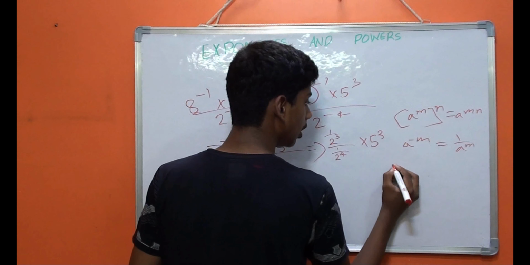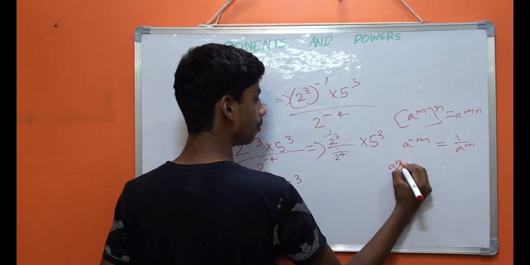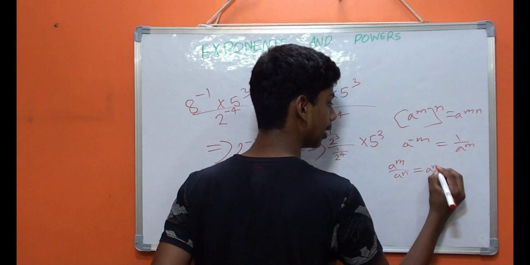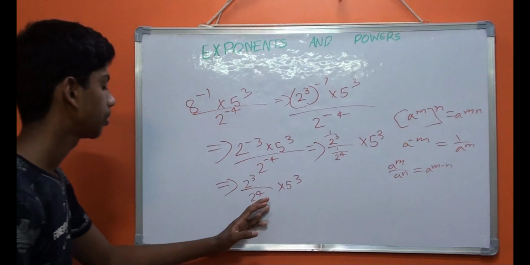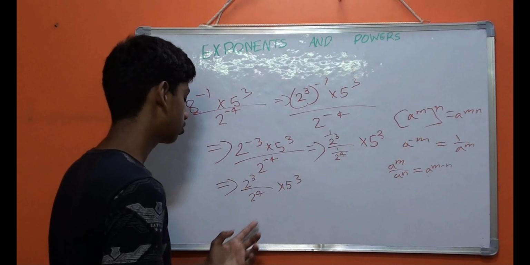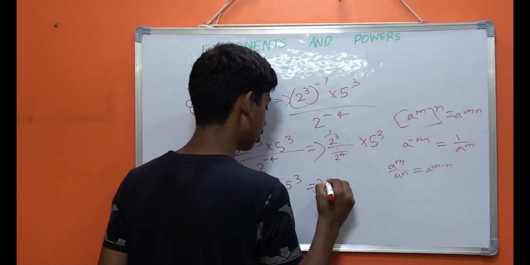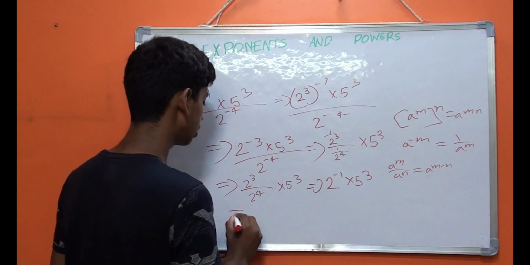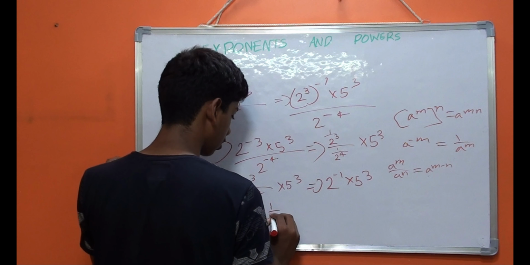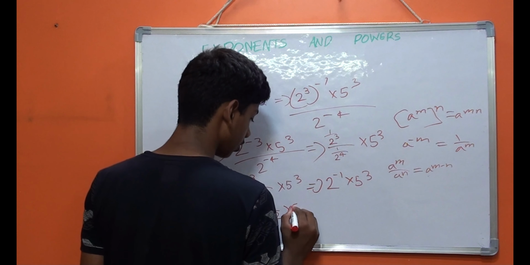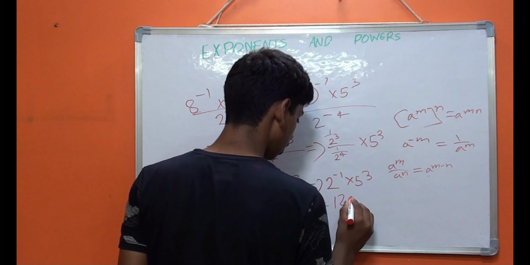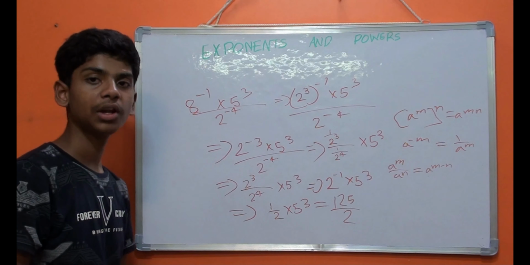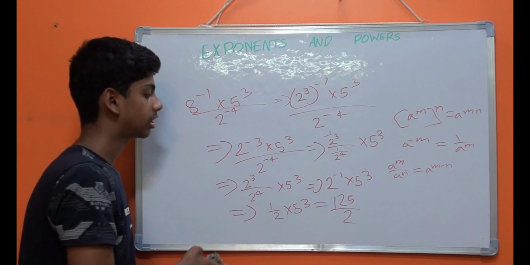Here a power m by a power n equals a power m minus n. Now we will subtract these two exponents, then we would get 2 power minus 1 into 5 cube. Now this equals 1 by 2 into 5 cube, which equals 125 by 2. This is the answer.